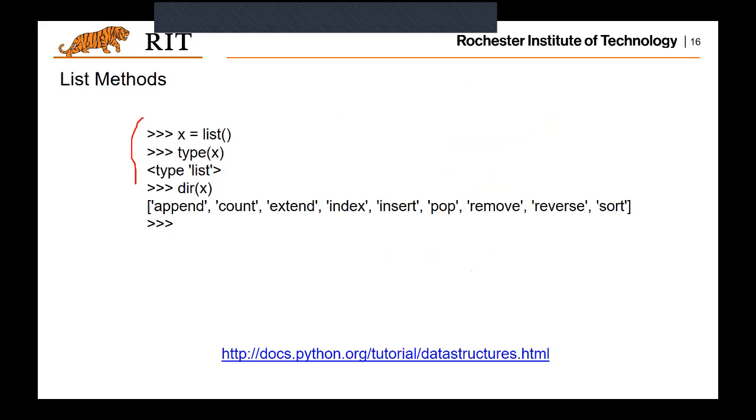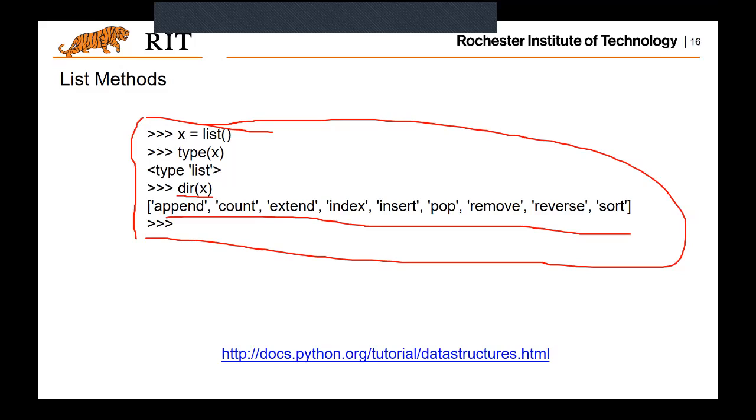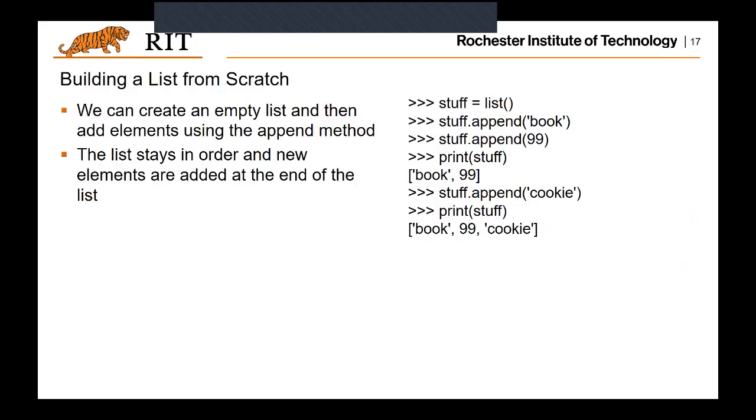Also, there are a set of functions which you can consider as the built-in functions for the list. If you list out all the methods for list, you will see these functions which can be used when you are using a list. Let's look at some of them. But first thing first, you want to build a list.